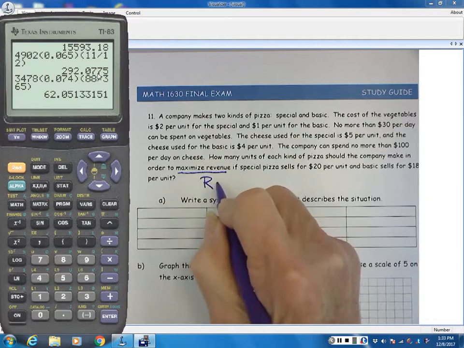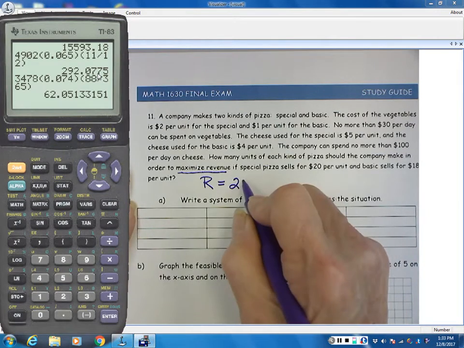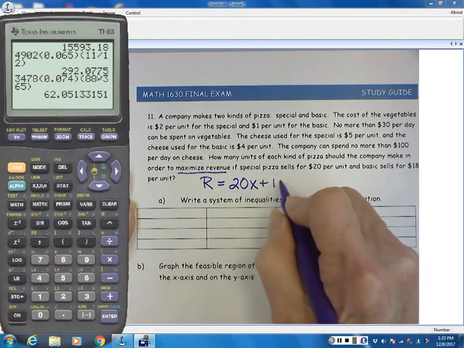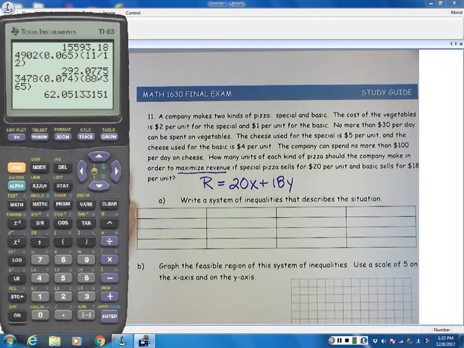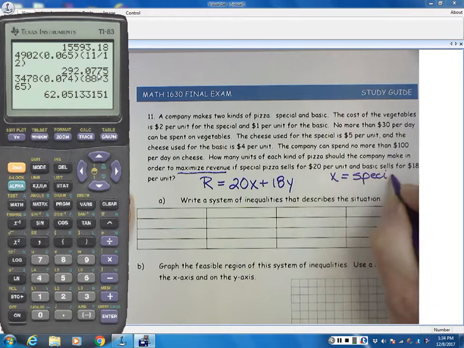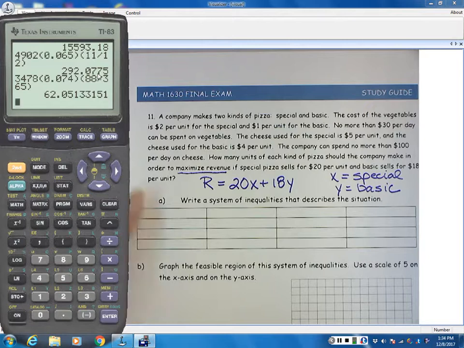Revenue is going to be $20 times the special, which we're going to call X, plus $18 for the basic, which we're going to call Y. And we need to write a system of inequalities that describes the situation to be able to do that, because we want to maximize that revenue.